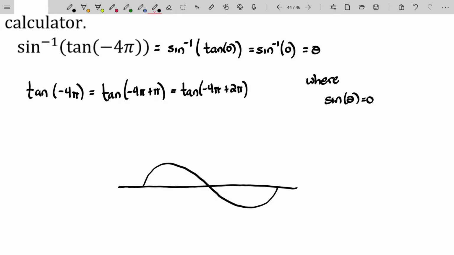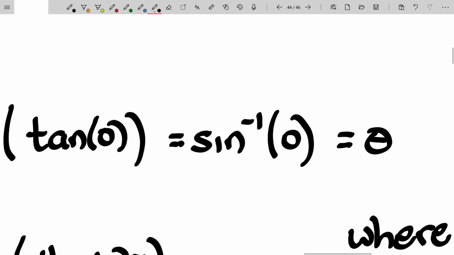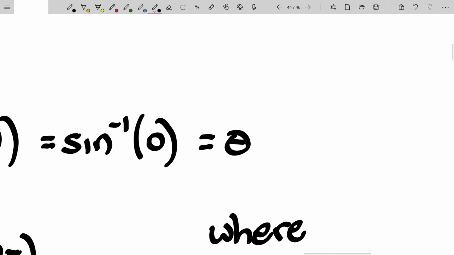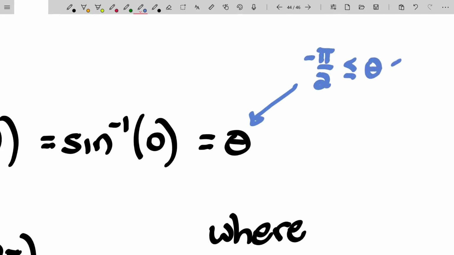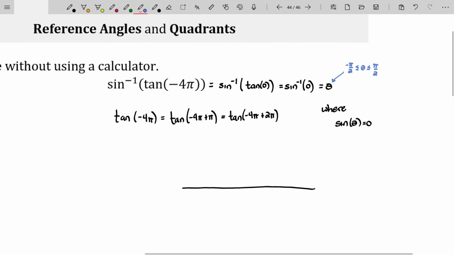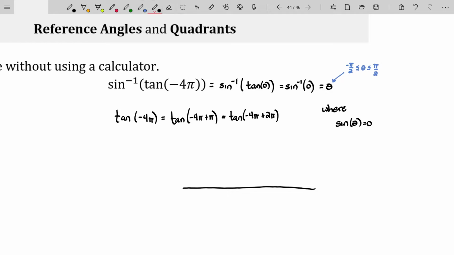And remember, the inverse trig function, the inverse sine, will only return an angle between negative pi over 2 and positive pi over 2. So if you draw out your sine curve, only draw it from negative pi over 2 to positive pi over 2.